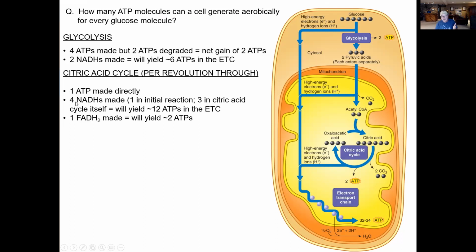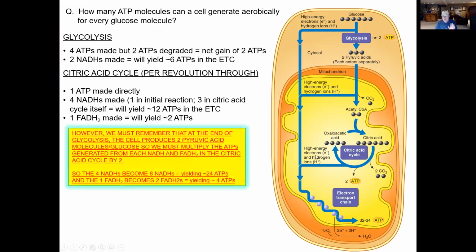If each of those on average generates 3, then do the math. 4 times 3 is 12. Again, squiggly line means approximately. So those 4 big busloads of electrons will yield 12 ATPs approximately in ETC. The smaller school bus here, the FADH2, remember, can only yield 2. And we made 1 of those per revolution.